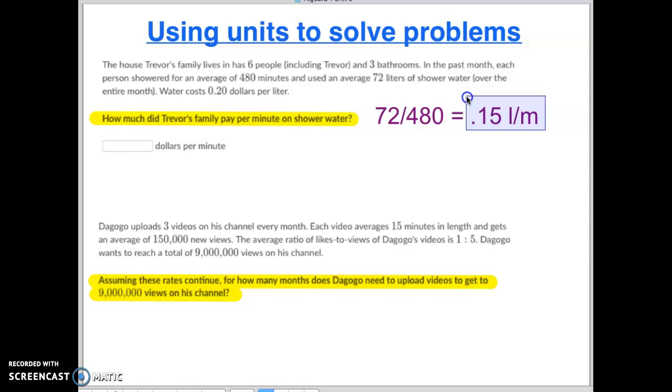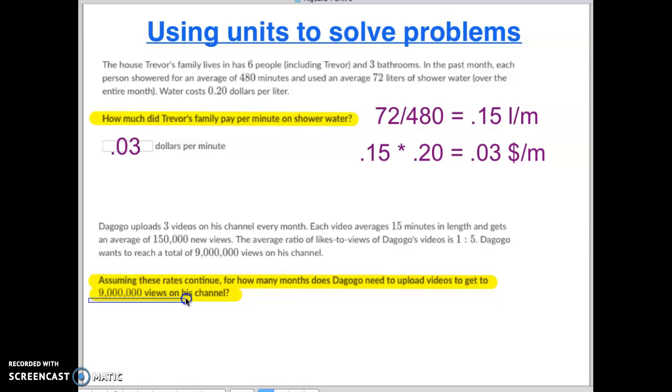Okay? Then, once we know that it's 0.15 liters per minute, we simply multiply that by the 20 cents per liter, and we know that we ended up paying 3 cents a minute for our water. And there's our answer. So again, they're giving you information you don't need in these, and you have to siphon through it. And that's why it pays to look at the actual question down below first.